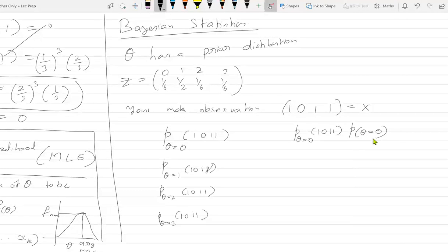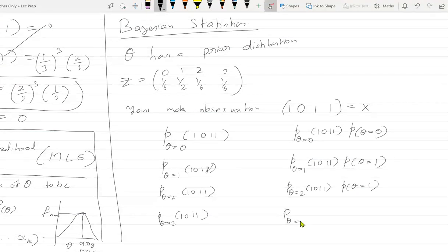So now you will compute the same for theta equal to 1, into the probability of theta equal to 1. This is theta equal to 2 and this is theta equal to 3.